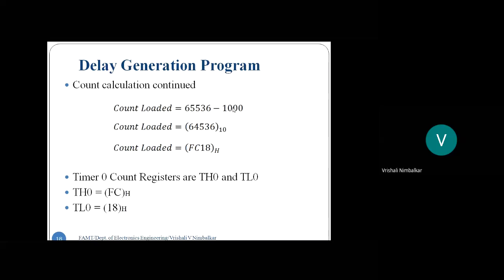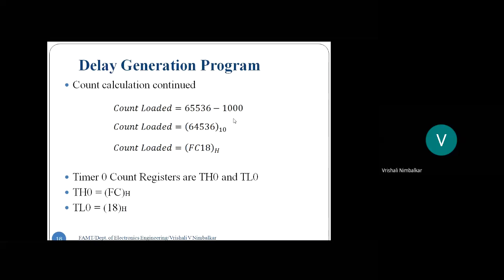If I load 1000, then it will go on incrementing up: 1000, 1001, 1002, 2000, 2001, 3000. Like this, it will go up to 65,000. So for up counting, loading 1000 is not going to give me the correct delay. It is going to count more than 1000 pulses.